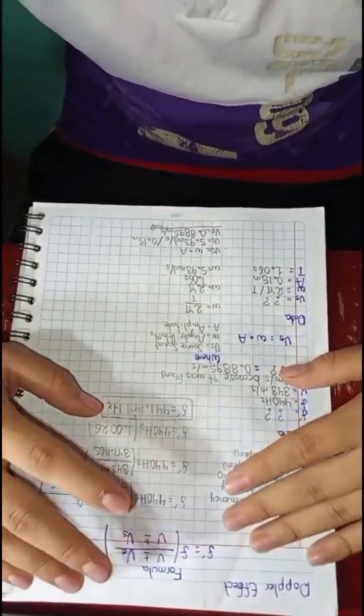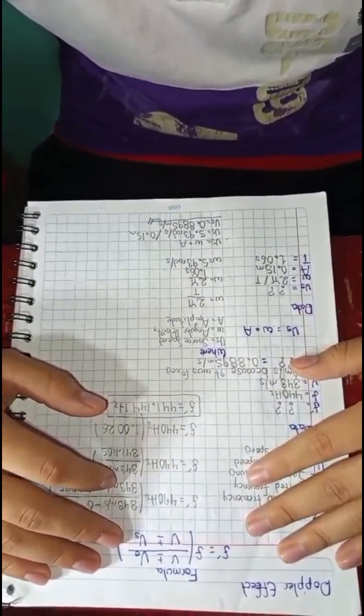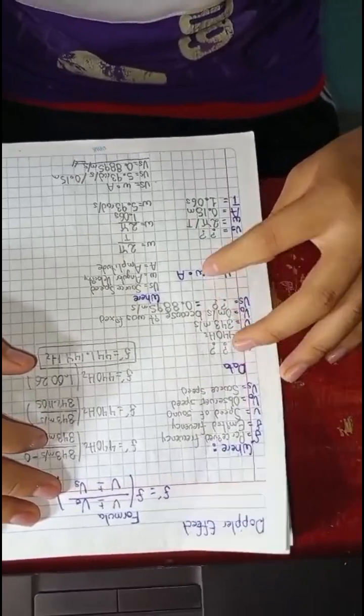The formula is f = f0 (V + Vo)/(V + Vs), where f is the perceived frequency, f0 is the emitted frequency, V is the speed of sound in the air, Vo is the observer speed, and Vs is the speed of the source. Now, to calculate the perceived frequency with the Doppler effect, the first value is the speed of sound.